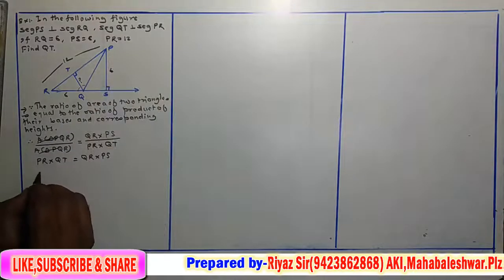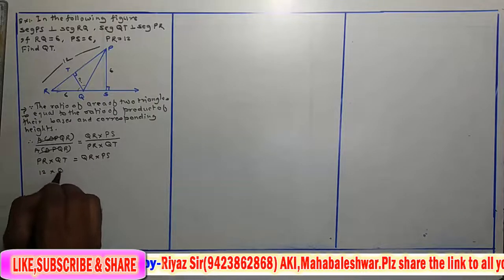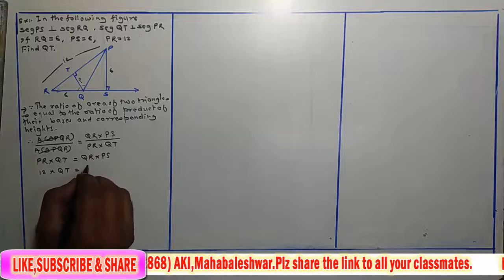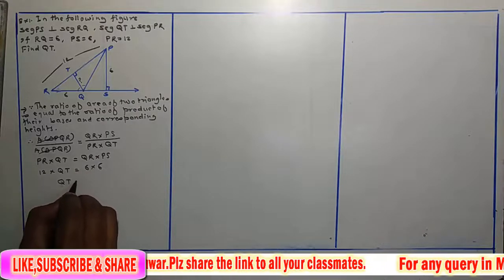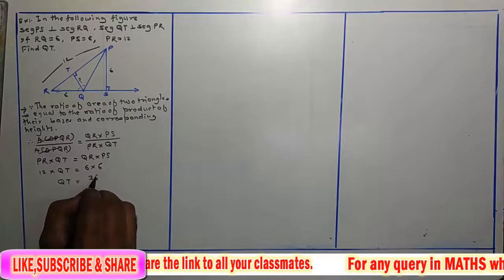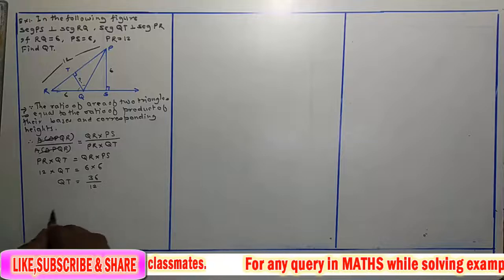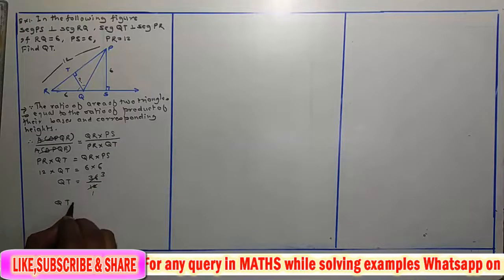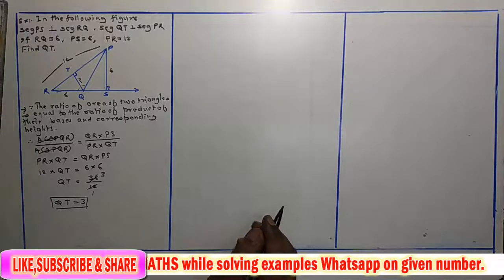PR is 12 into QT, which we have to find, is equal to QR is 6 into PS is also 6, and therefore QT is equal to 6 sixes are 36, and this 12 is in multiplication on the left, so on the right hand side it comes in the denominator. Then 12 ones are 12, 12 threes are 36, and therefore QT is equal to 3. So in this way you have to find QT.